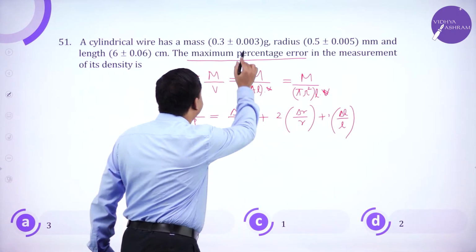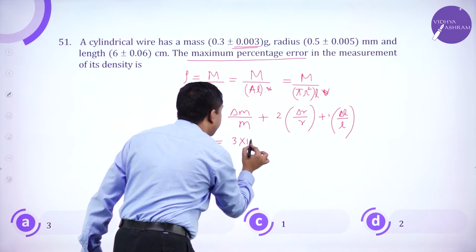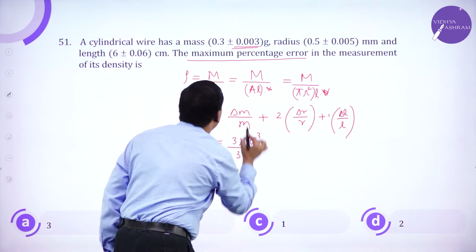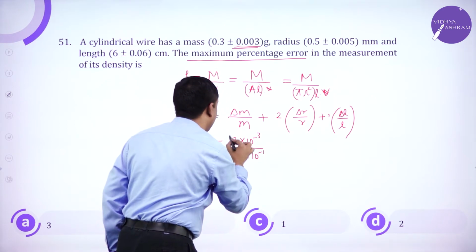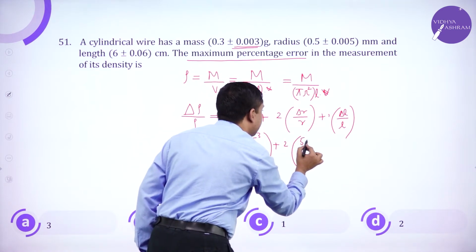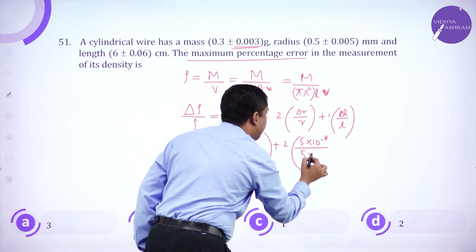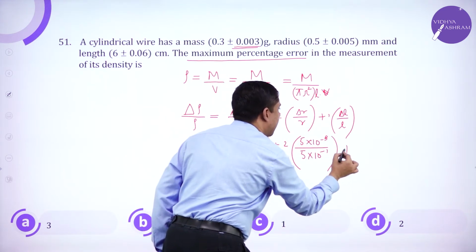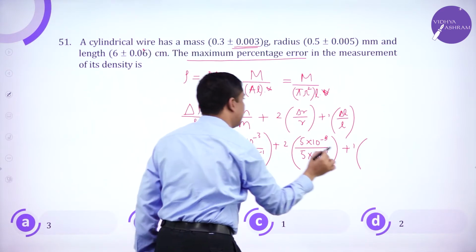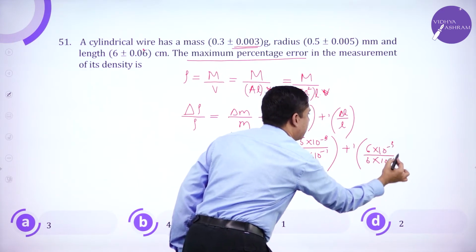So this is delta M, error in the measurement of mass, 3 into 10 power minus 3 divided by 3 into 10 power minus 1, plus 2 times the error in the measurement of radius, 5 into 10 power minus 3 divided by 5 into 10 power minus 1, plus 1 into length, which is again 0.06, 6 into 10 power minus 3 divided by 6 into 10 power minus 1.